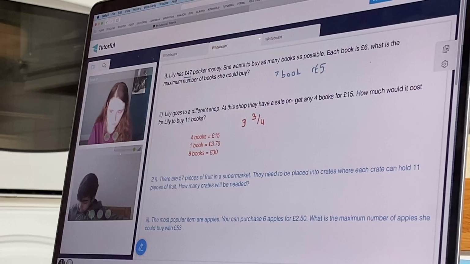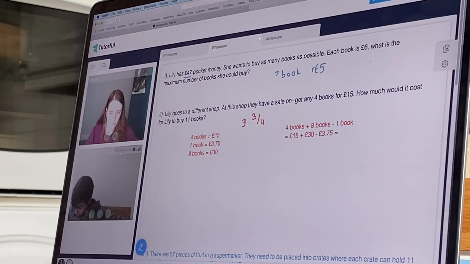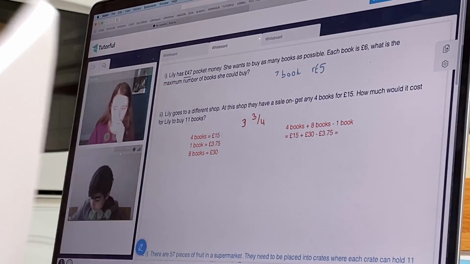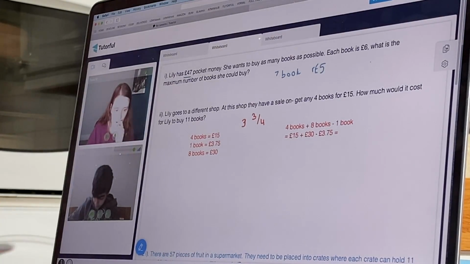It should be fairly big. Yeah, it's very big.